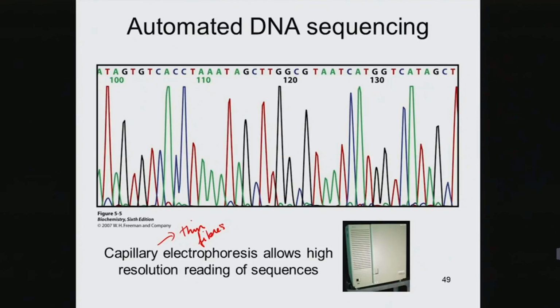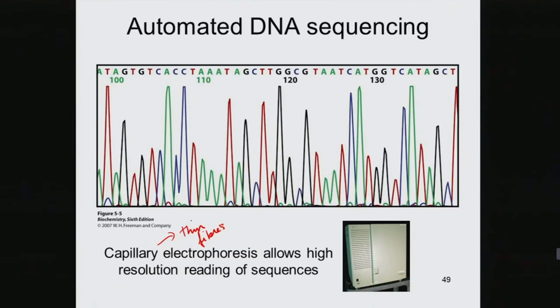As these fragments pass through the capillaries, or these thin fibers, the machine would be set up to shoot a laser through them. If a base terminator with a specific fluorescent tag was incorporated, you would get a color change, which could be detected on the camera in this machine. And then it would be recorded as a peak on the screen, so you could actually see it.